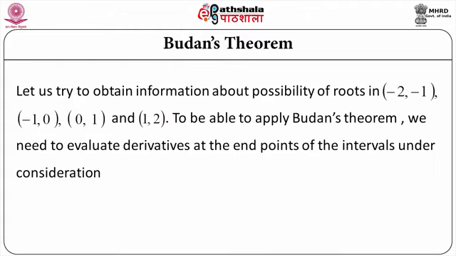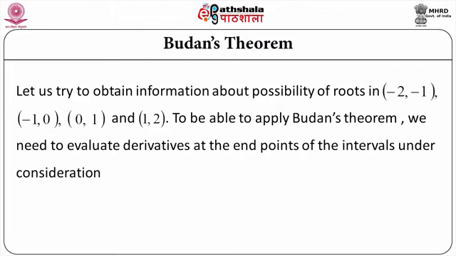We are going to apply Budan's theorem to interpret the number of roots that may lie in the interval minus 2 to minus 1, in the interval minus 1 to 0, in the interval 0 to 1 and the interval 1 to 2. So, we have these derivatives.